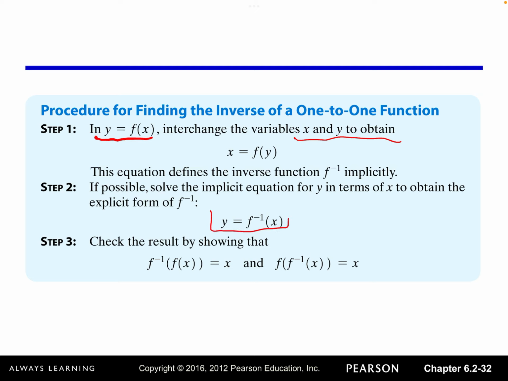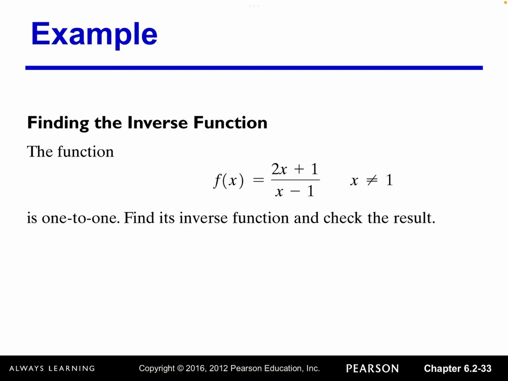And then that is the inverse function, because we already switched x and y, right? And then step 3, we use the composite functions property to verify whether they are inverse functions or not. So now let's look at a specific example.